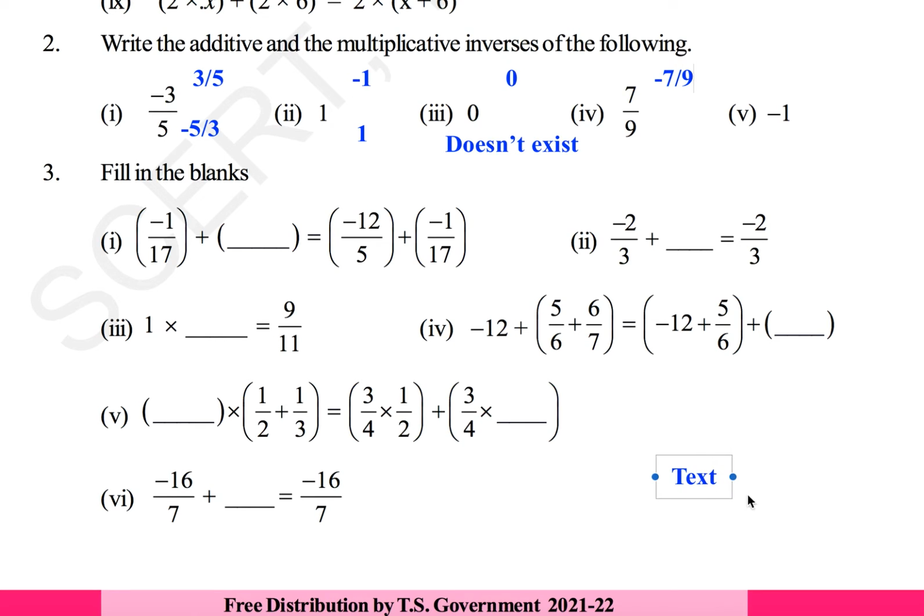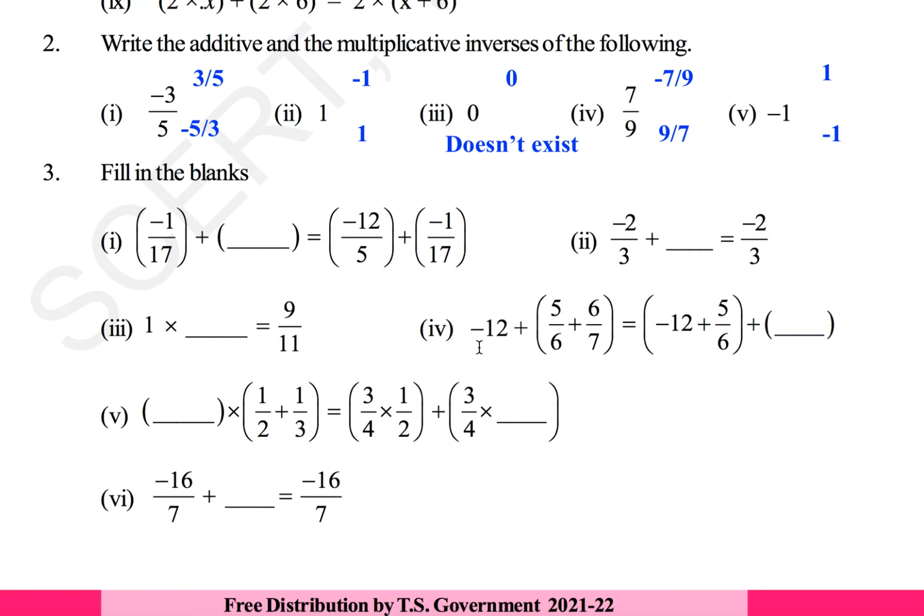Multiplicative inverse is 9 by 7, the reciprocal, which makes the multiplication to be unity. So in this case it is 1. Multiplicative inverse is minus 1.